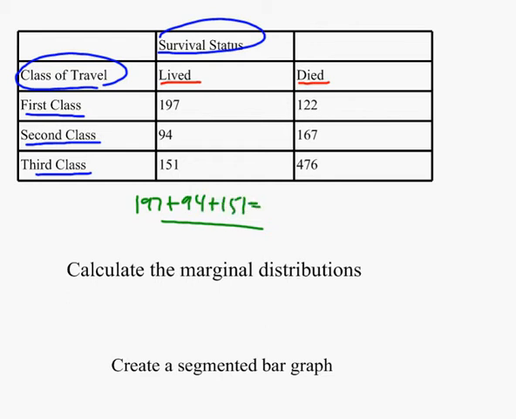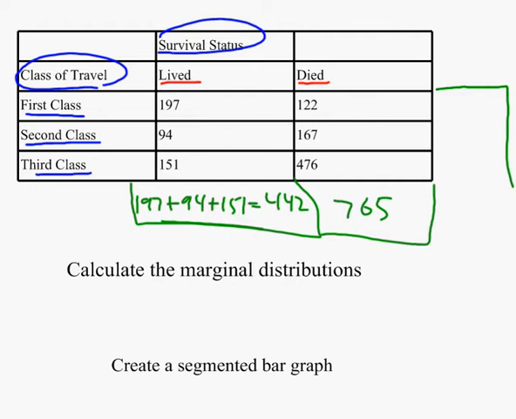If you do that, you get 442. And in the same fashion, you're going to add these numbers here and we get 765.